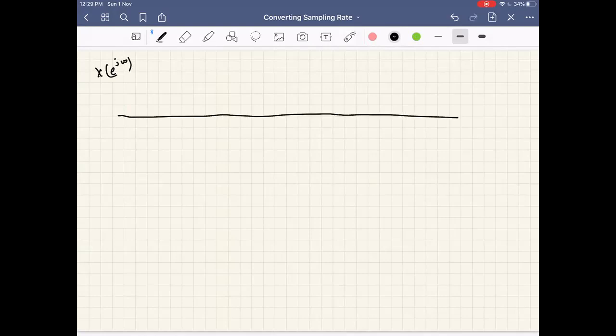Now assume that we retain the scales, so we keep the same scales as before.